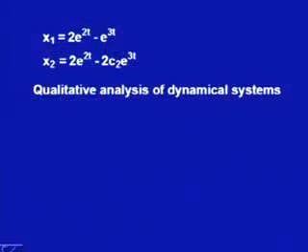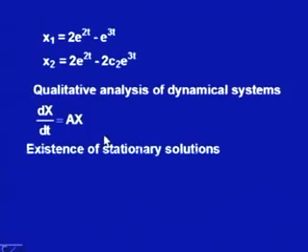So, this concept is useful in solving system of first order linear homogeneous differential equations. Now, this can also be used in performing qualitative analysis of dynamical system. By qualitative analysis of a dynamical system, I mean to say that for a given system dx/dt equal to Ax, we may like to answer questions like existence of stationary solutions.